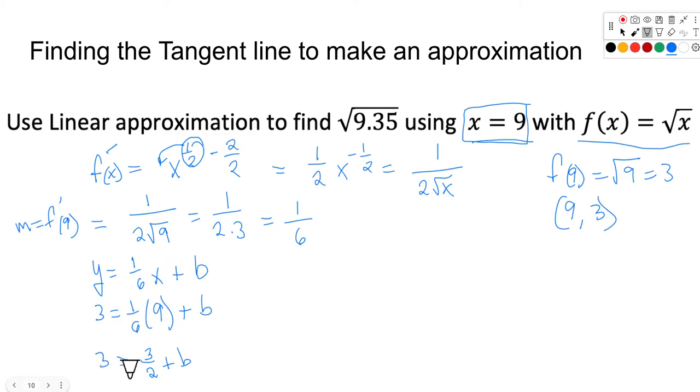So you subtract 1.5 from both sides, and what we end up with is that positive 1.5 equals b. I took 3 minus 1.5. So now I've got my tangent line.